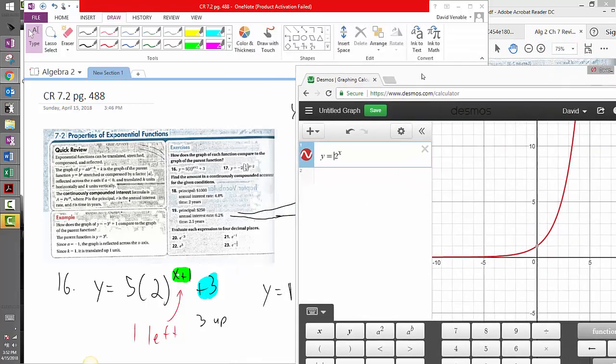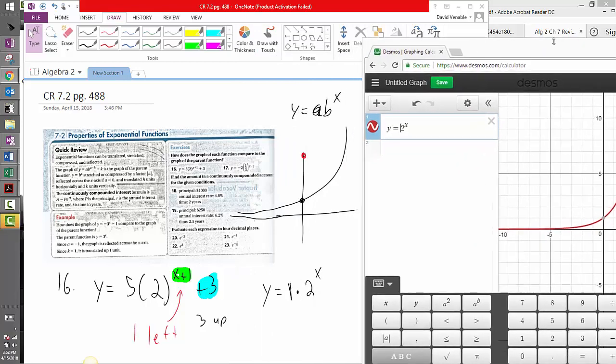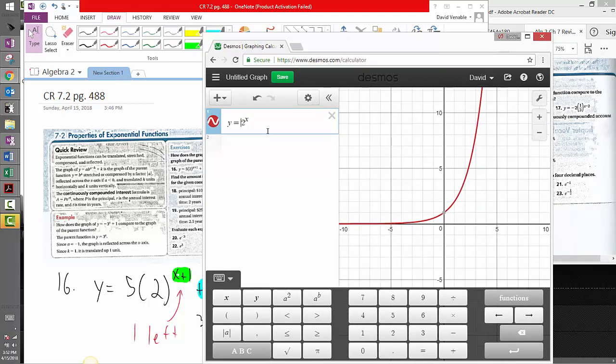So yeah, this one would have a y-intercept at 0, 5, the new one. But let me show you that. So 2 to the x is the parent function. The function we have is 5 times 2 to the power of, it's not just x, it's x plus 1. I don't have to put the parentheses, I'm just choosing to. Sometimes in your calculator it's better to put the parentheses.